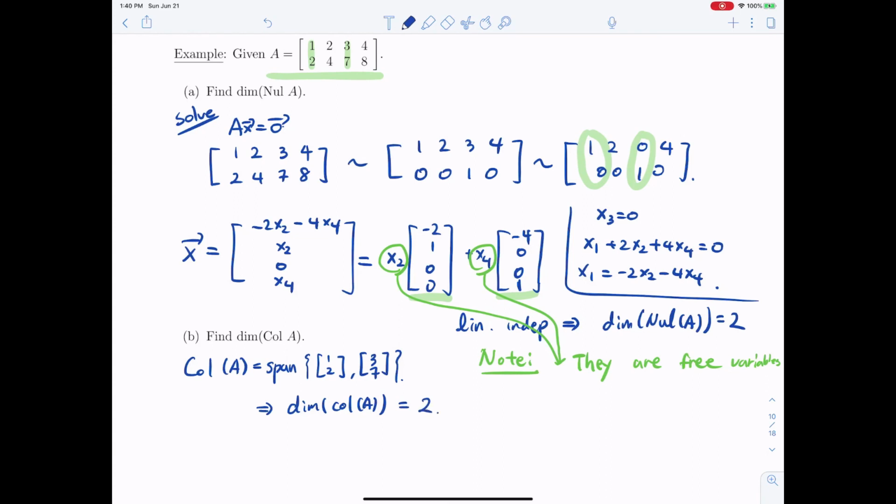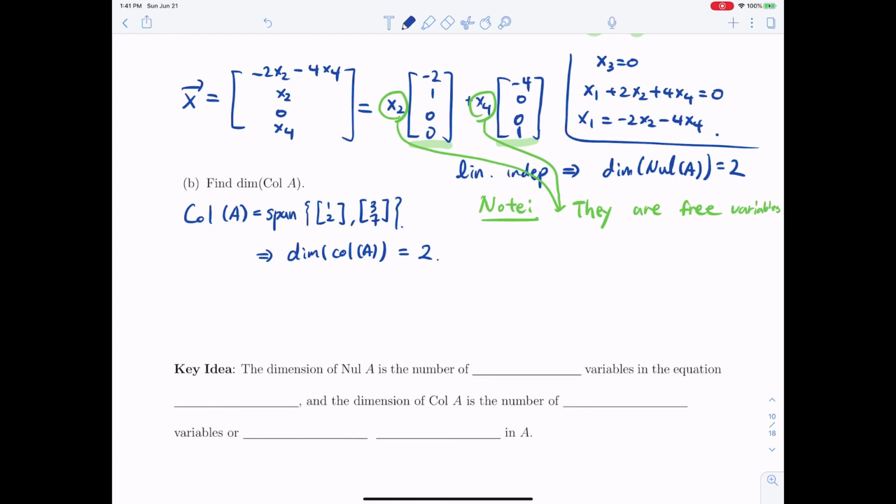And this matches the number of pivot columns of A. To summarize, the dimension of the null space is the number of free variables in the equation AX equals 0, and the dimension of the column space was given by the number of pivot columns. But note that pivot positions correspond to the basic variables for the homogeneous equation.